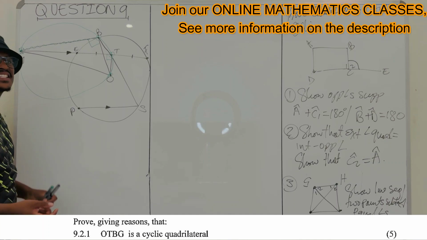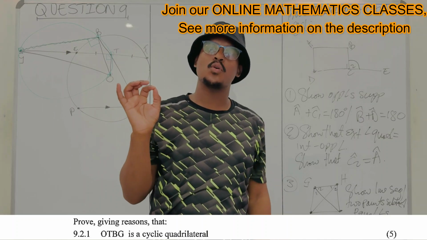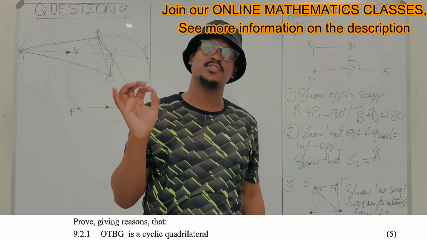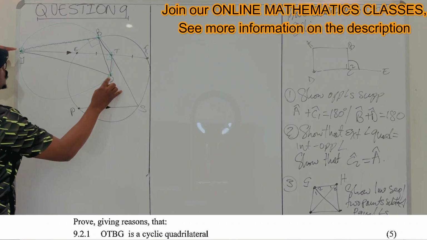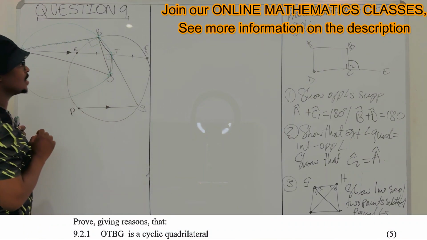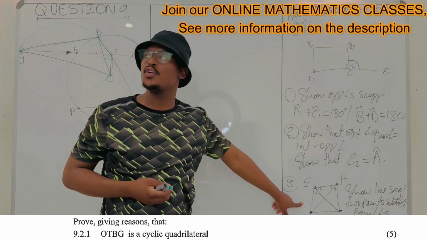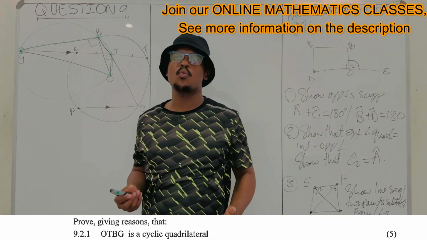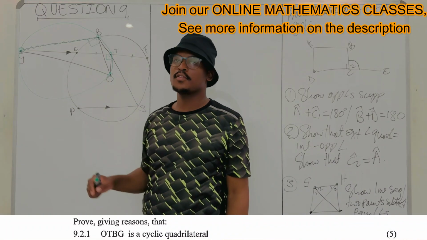Or show that there is a line segment on a quadrilateral that subtends two equal angles on the same side. Look at your GO: it subtends 90 there, and your GO subtends 90 here. So the third condition works, because you have a line segment GO that subtends equal angles on the same side, both 90.